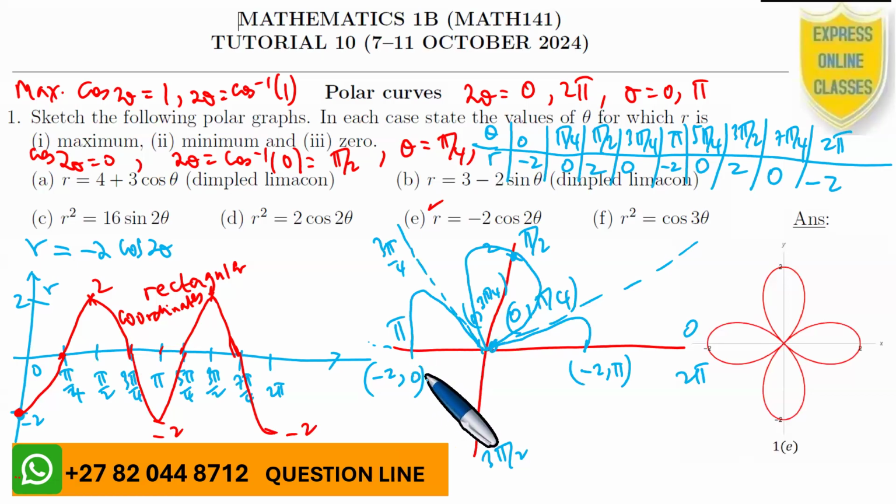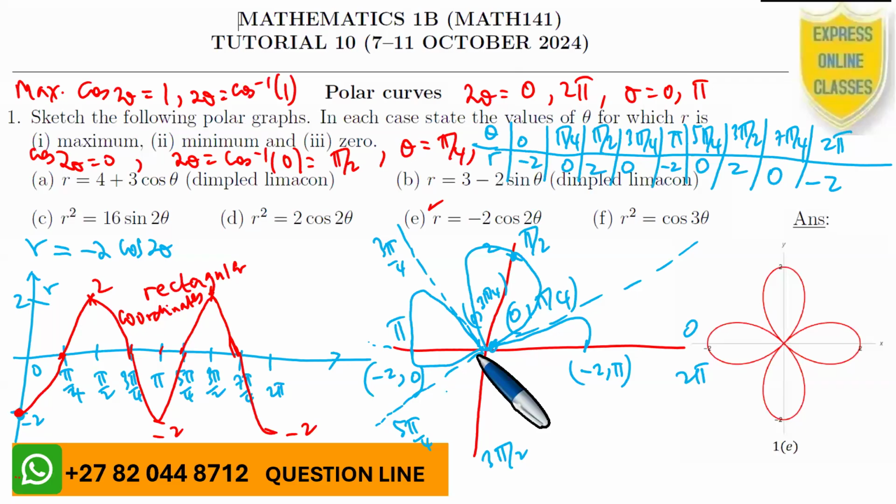And then from pi to 5 pi over 4, which is this one, there is a decrease in the magnitude up to 5 pi over 4. At 5 pi over 4, it's 0, and then there is an increase in the magnitude.